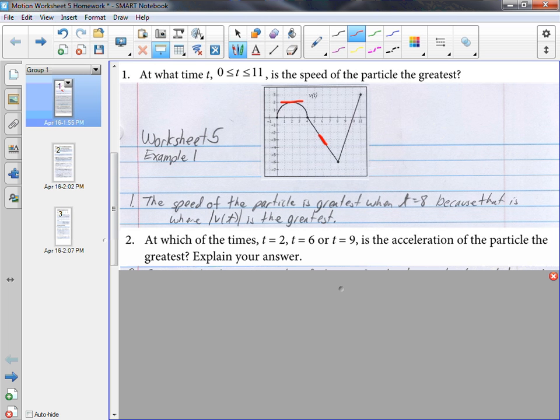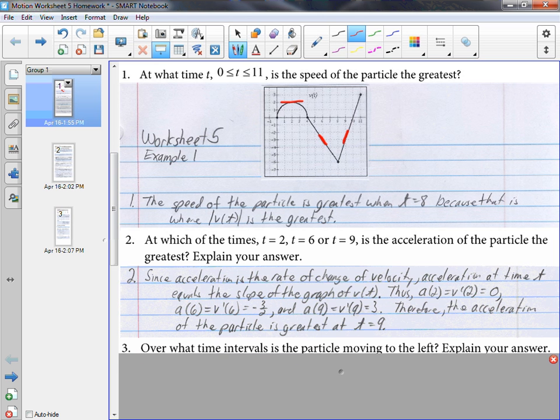Maybe I'll figure that out here in just a minute. And at t equals 9, that slope's positive. So which is bigger, 0, a negative number, or a positive number? The positive number. So 9 is where the acceleration, between those three choices, is the greatest.